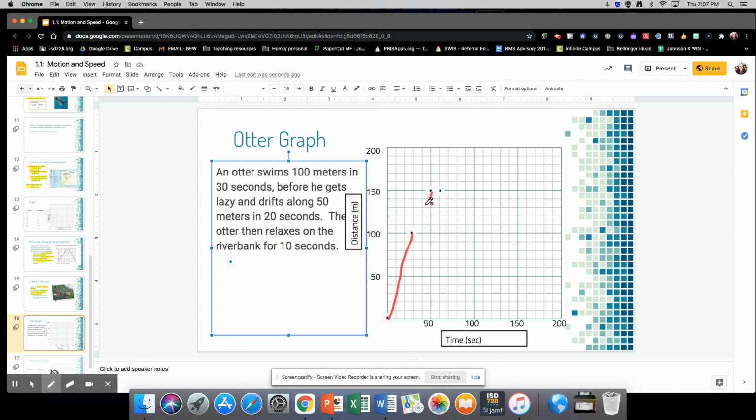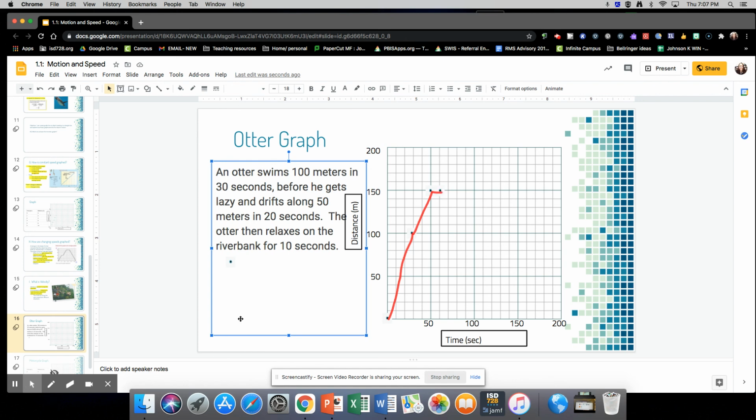Connect those dots, and then connect these dots. What we can see when we look at this is that this line is steeper than this line, and that tells us that he was swimming faster. The speed was faster, and then he slowed down a little bit. And because this is a straight line, that means that he stopped.